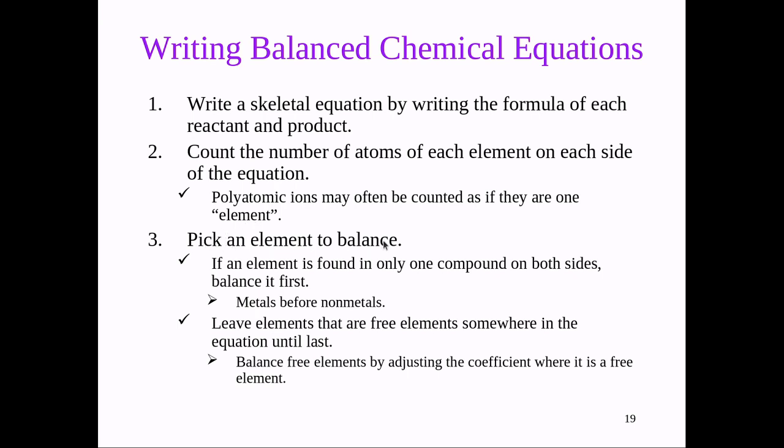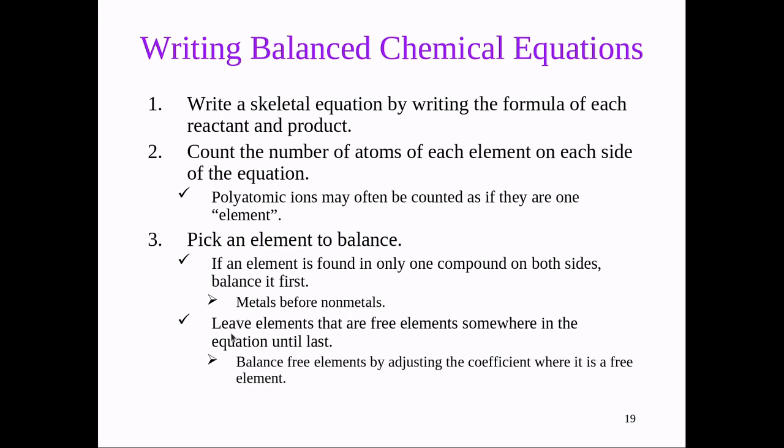Then we're going to pick an element to balance. So we're going to see which ones aren't balanced, and we're going to pick one to balance. If an element is found in only one compound on both sides, we can balance it first. Metals before nonmetals is typically the way that you want to go about it.